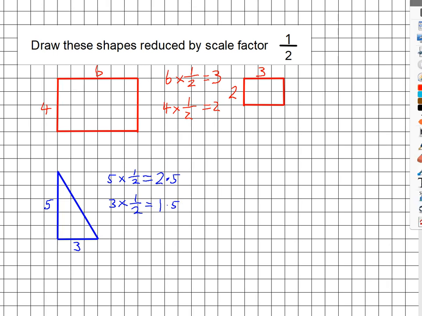Draw that with my lines. So our side is going to be 2.5 for the tall part, and then 1.5 along, and because it's a triangle and it's still similar, we can draw the diagonal. So now all the dimensions are half the size of the blue one.